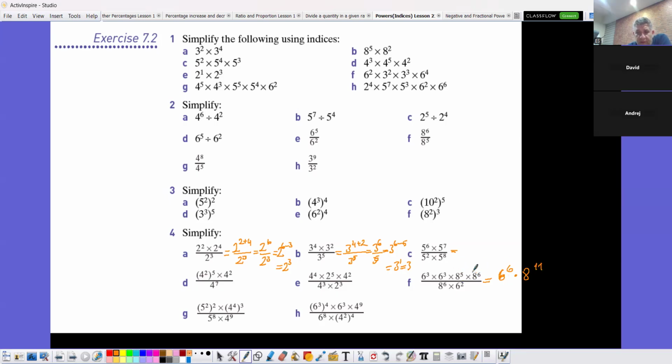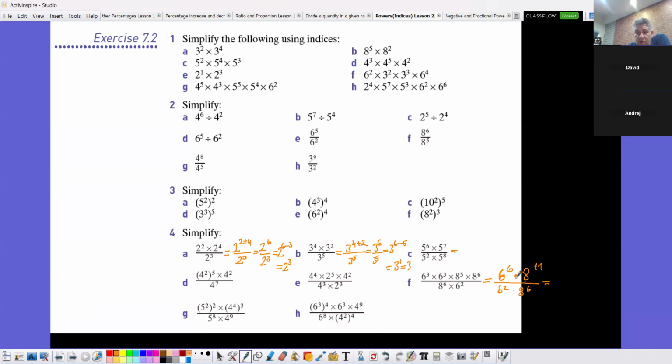The powers should be added, which is 5 plus 6, that's 11. And here I'm going to write the 6 to the power of 2 below 6 to the power of 6, and 8 to the power of 6 below 8 to the power of 11.